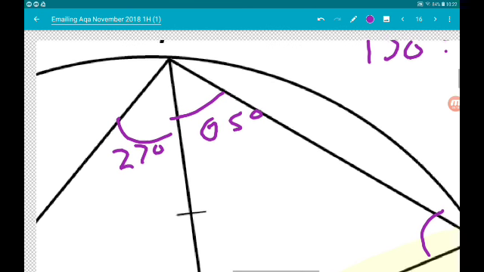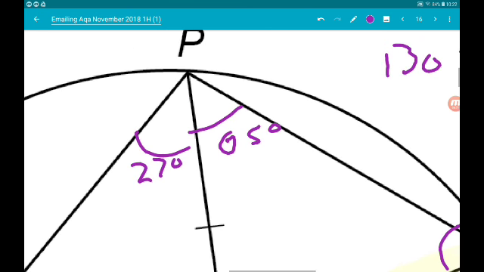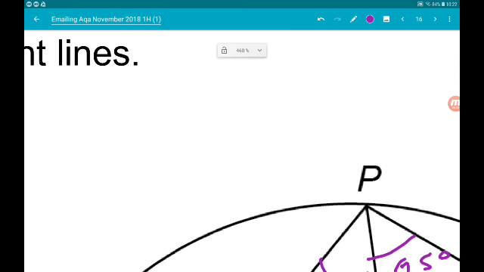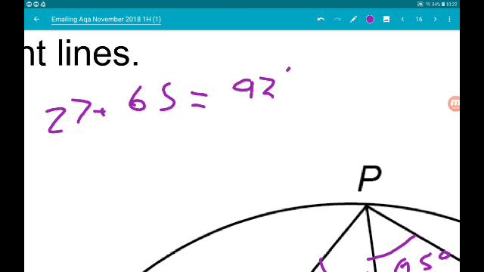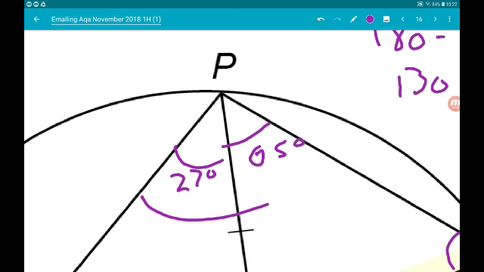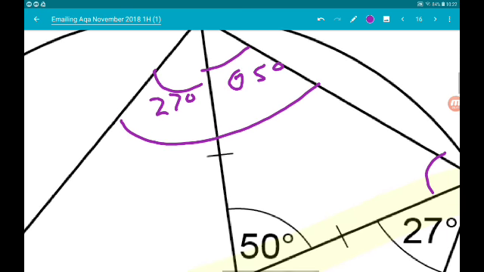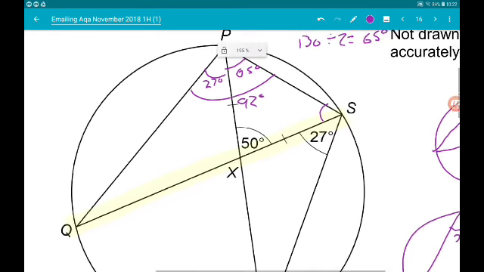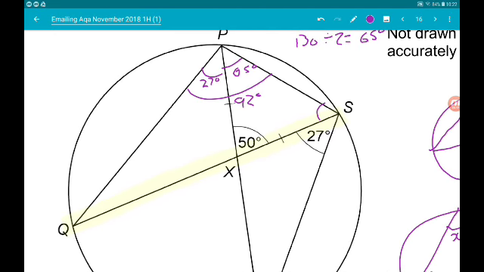Now we can work out what this whole angle is. So 27 add 65 is 85 add 7, which is 92. So, because this whole angle is 92, that means QS is not a diameter.